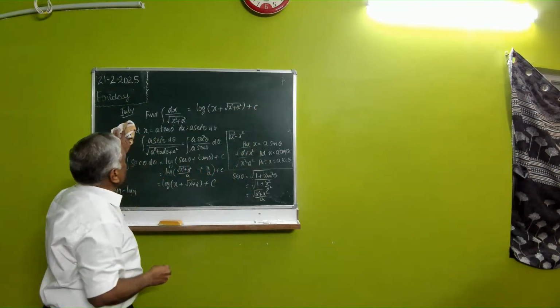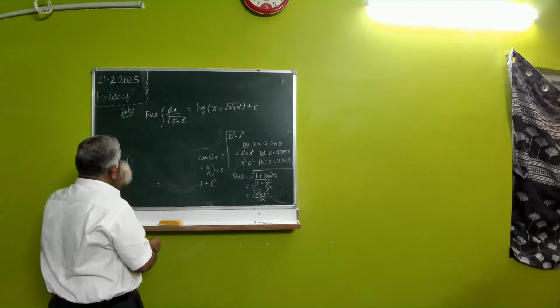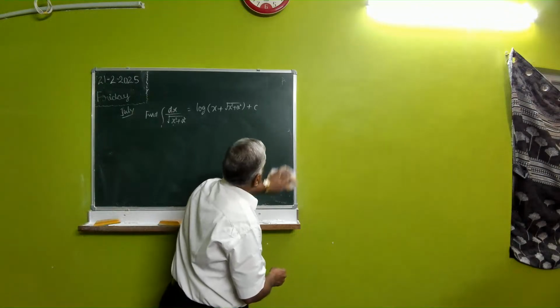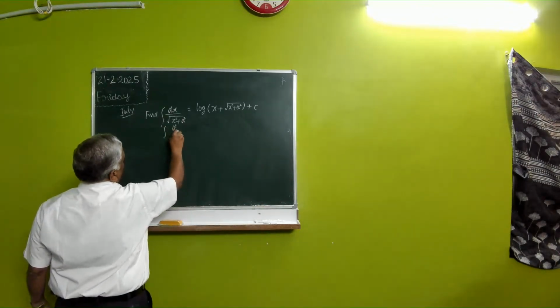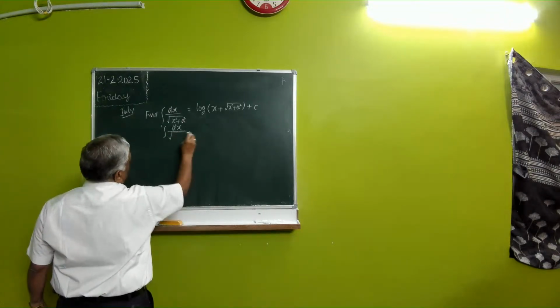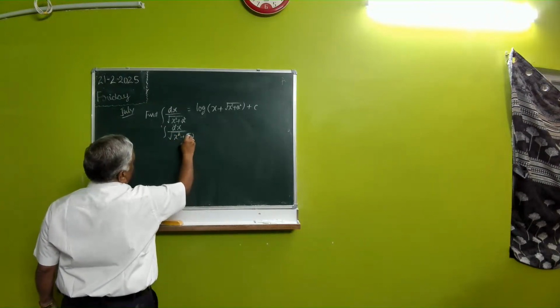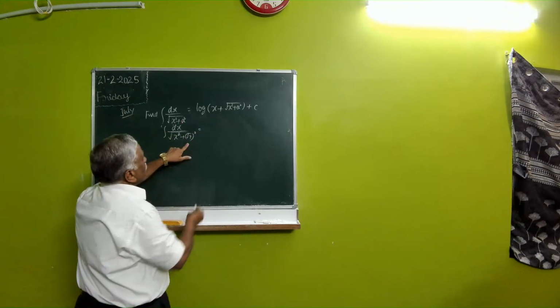Now we are going to work the problem given. What's the problem given? The problem given is dx over root of x square plus 7. Write 7 as root 7 whole square. So x is x only, a is root 7.